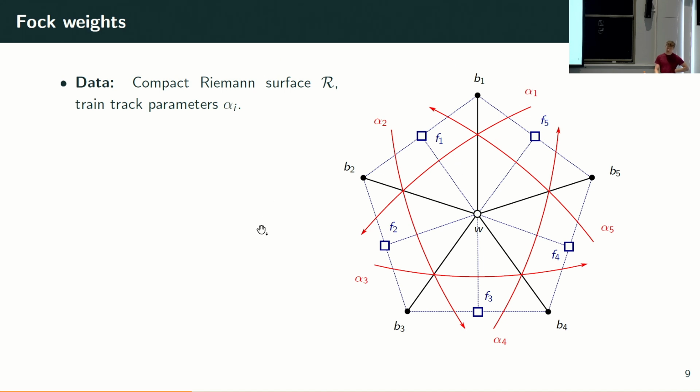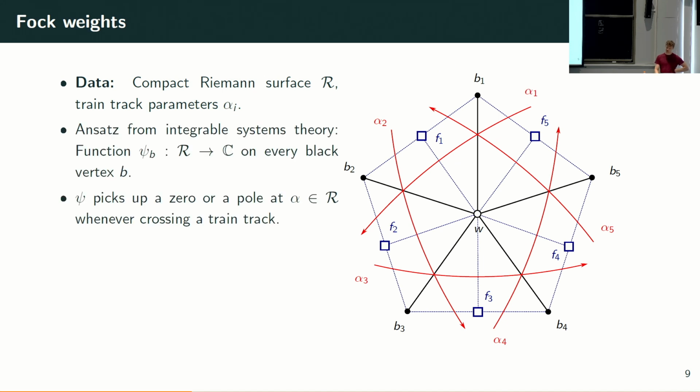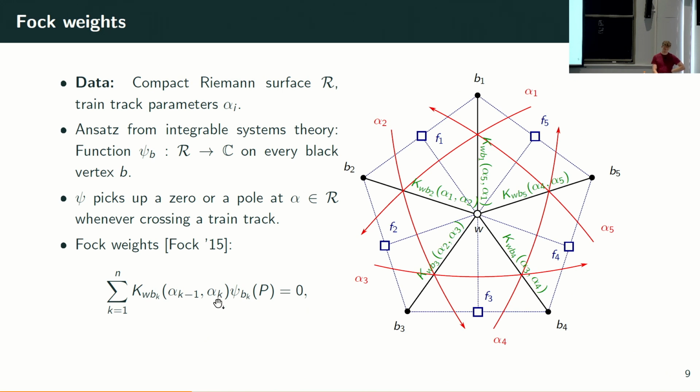Now it was work done by Fock in 2015 to introduce these weights that turn out to be the right inverse Kasteleyn weights. How you introduce those is based on Baker-Akhiezer functions, which I'll skip. But in the end, you end up with weights on all the edges, and those are exactly the weights that have the right spectral properties.